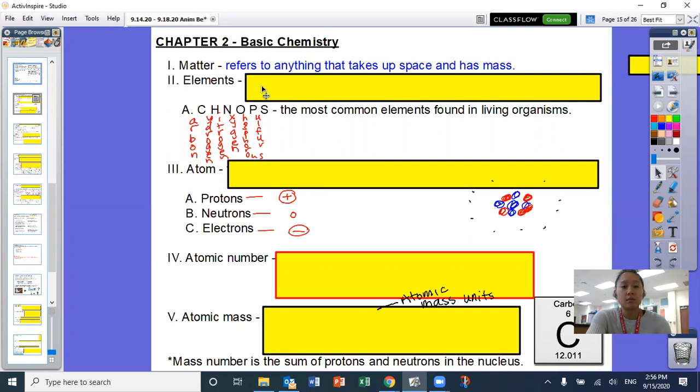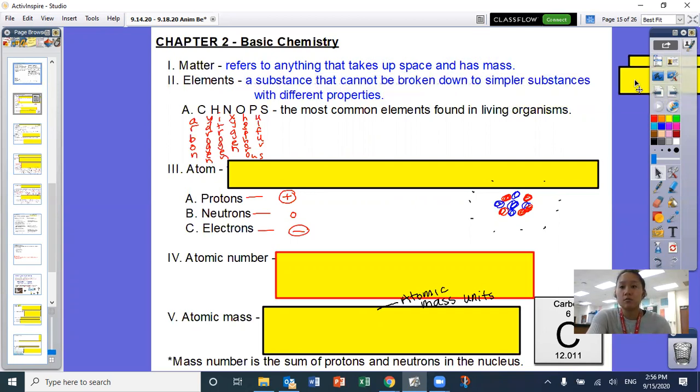The second thing we're going to define is elements. A substance that cannot be broken down into simpler substances with different properties is an element, right? Elements have special properties. For example, metallic elements tend to be solid at room temperature and then liquid once they're heated up pretty hot. Some of them are bendable.